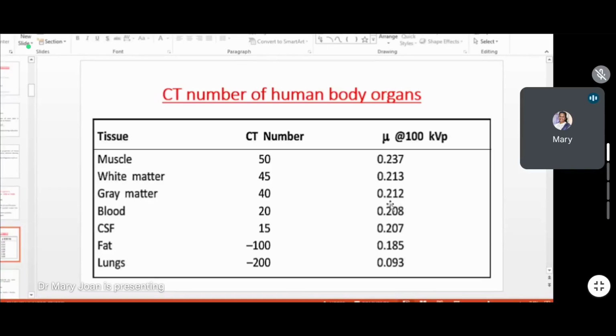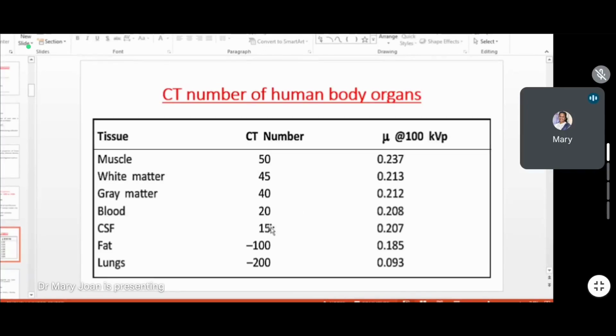A slight variation in mu will result in a CT number variation. That is why we are able to identify. So the more extended the CT number scale, the more variation we will have between, like here you can see 0.207 and 0.208.